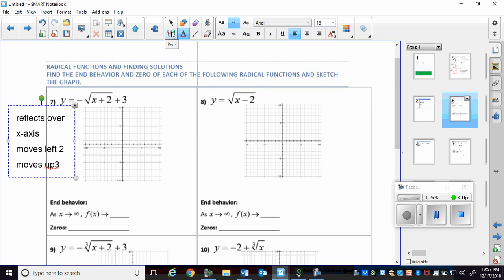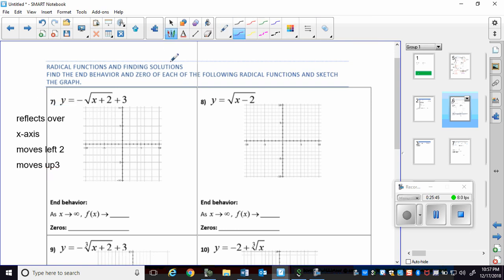Moves left 2, up 3. So left 2, start at 0, 0, left 2, up 3, and let's see, 1, 2, 3. Okay. So there's my first initial point, and then I move down 1, and I keep moving over here.